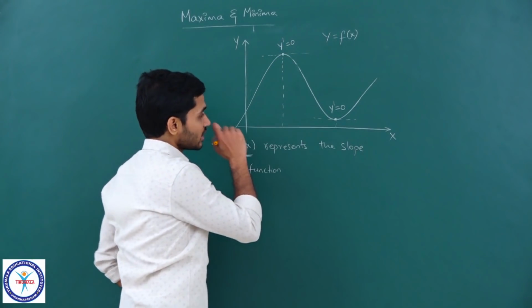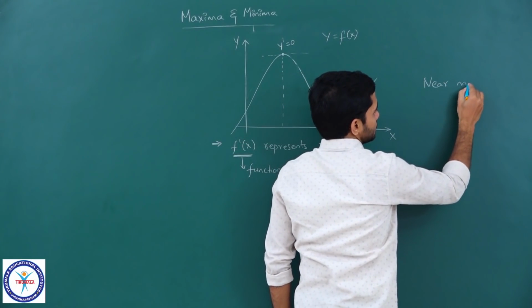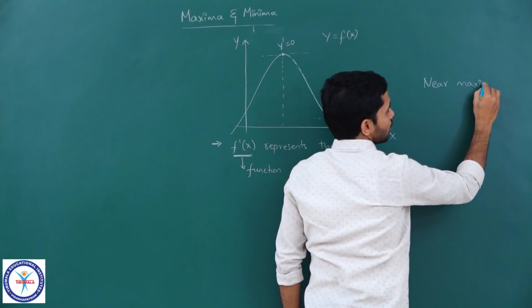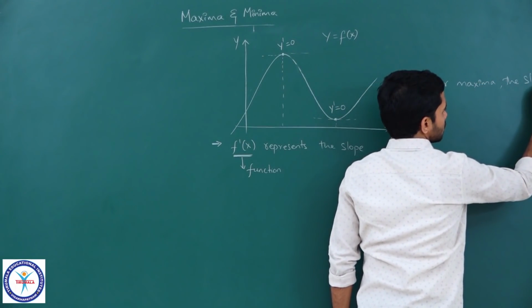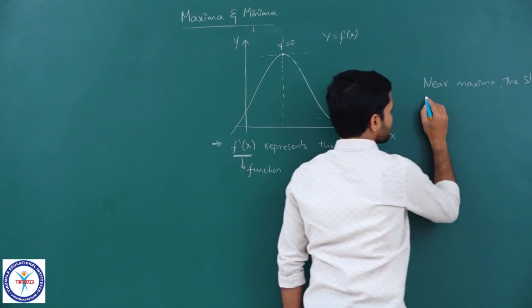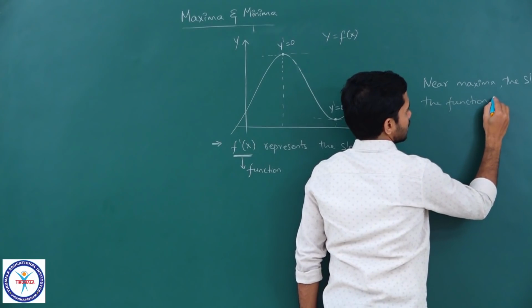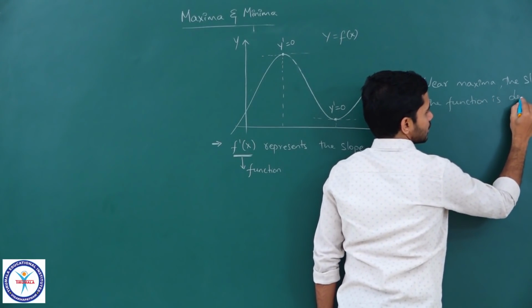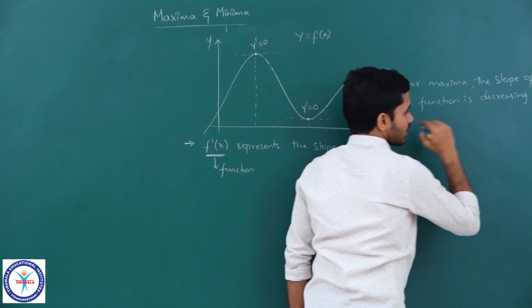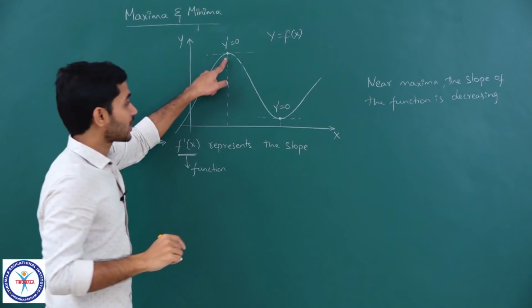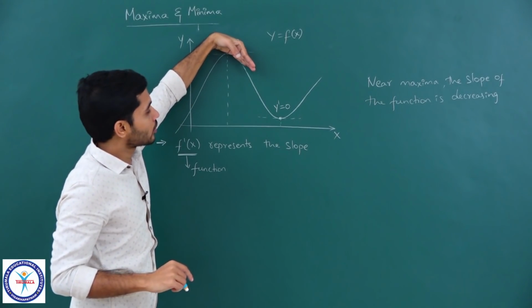So, what I mean to say is, near maxima, the slope of the function is decreasing. So, please observe this carefully, this is a very important point. So, near maxima the slope is continuously decreasing and it is going on to the negative side.